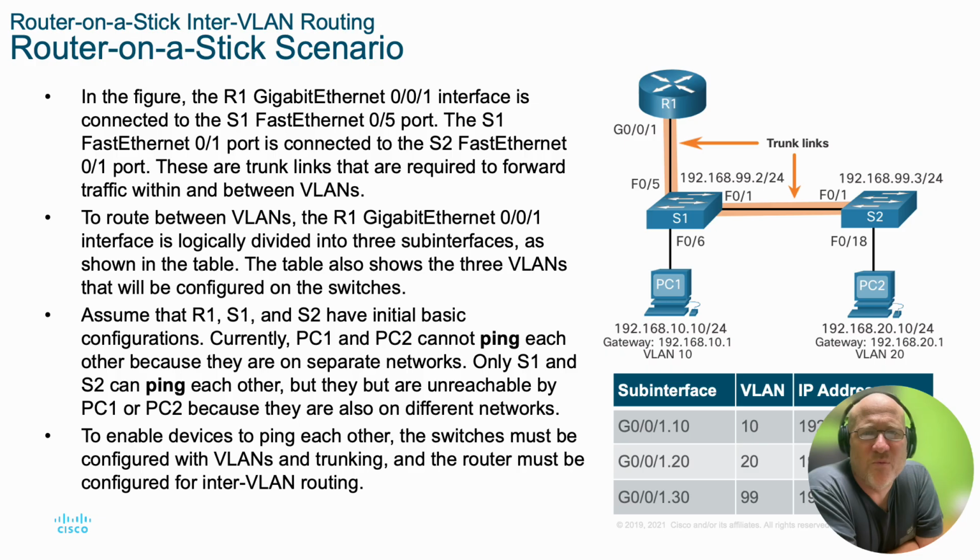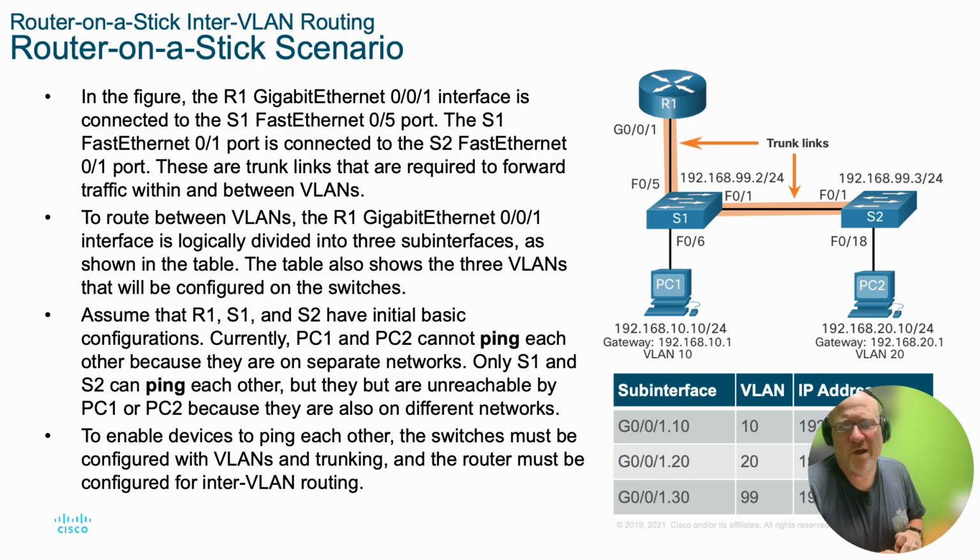But basically, with the router on a stick scenario, all the routing happens on R1. So anything that is going from switch 1 to switch 2, if it's VLAN 20 or VLAN 10, has to go via the router. So it has to go up and then back down again.